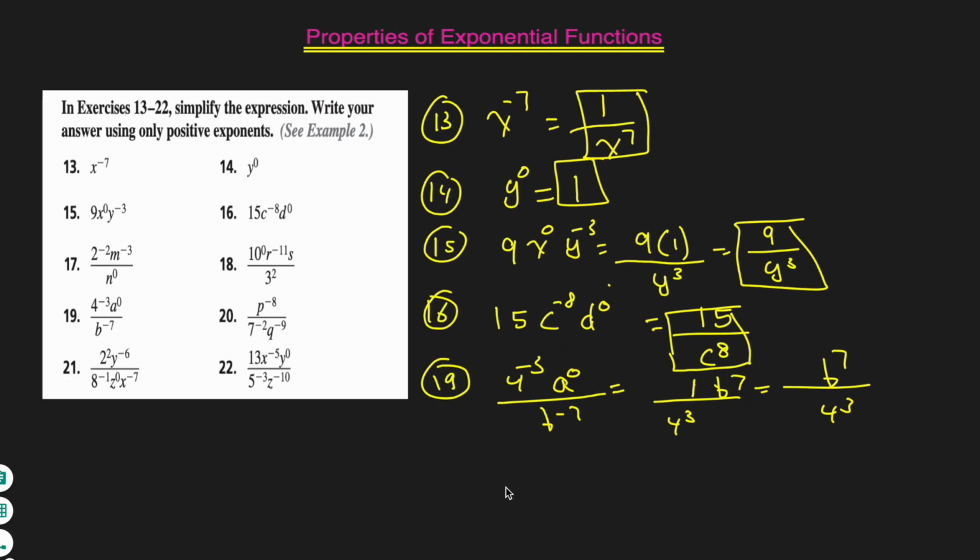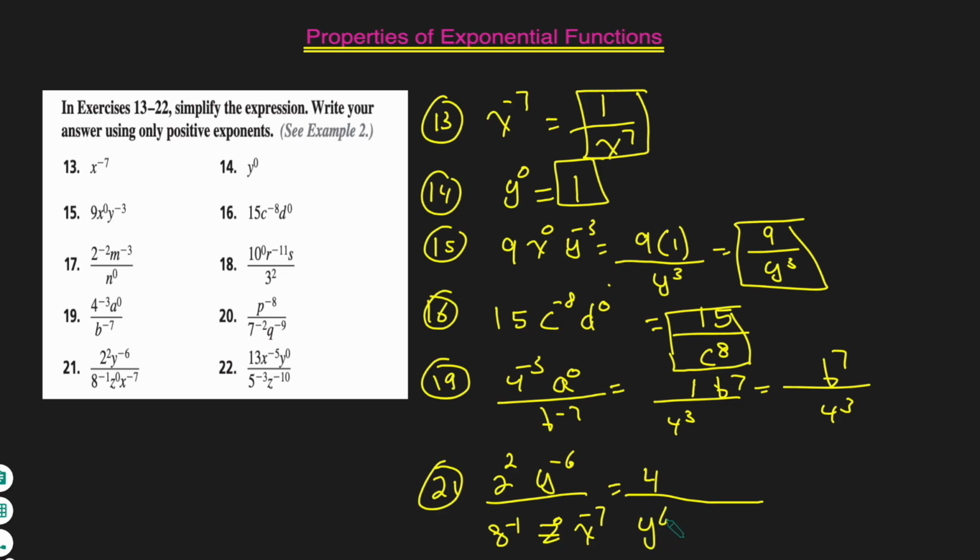Problem number 21. We have 2 squared y to the negative 6 over 8 to the negative 1 z to the 0 x to the negative 7. 2 to the power of 2 is 4. Y to the negative 6 comes down as positive to the 6th.